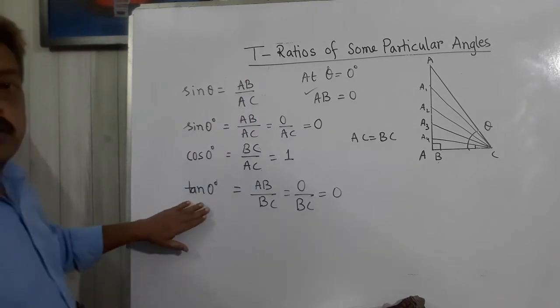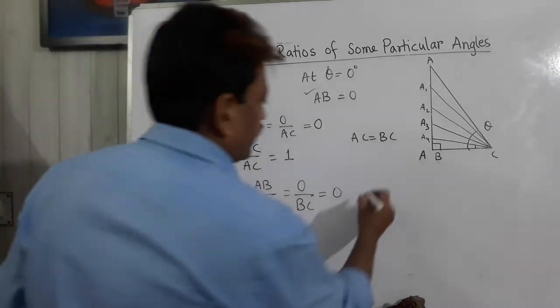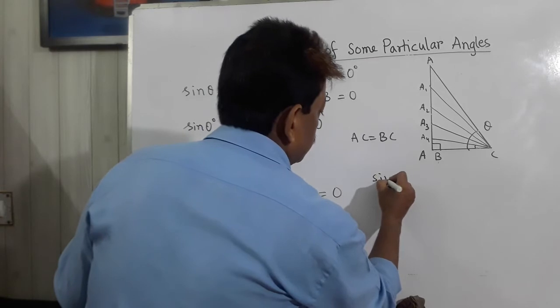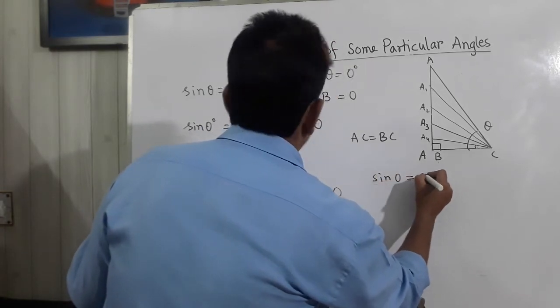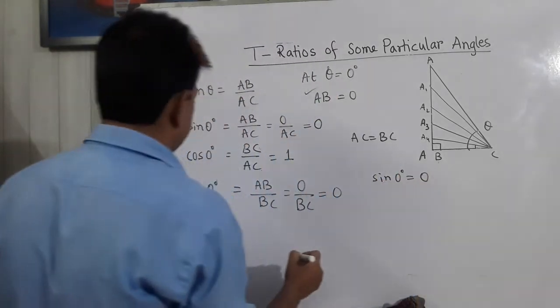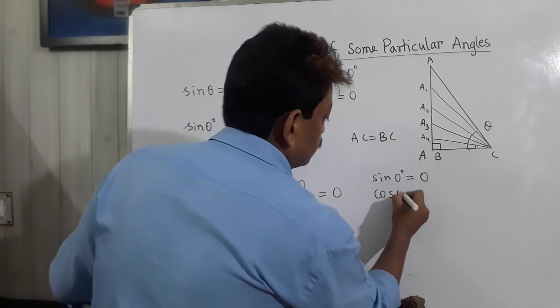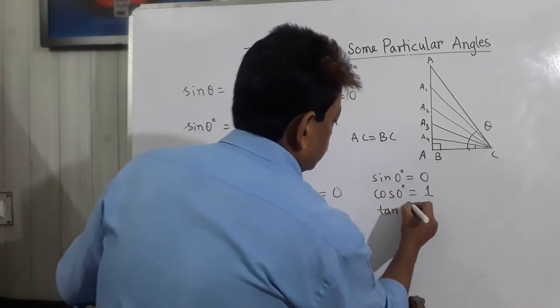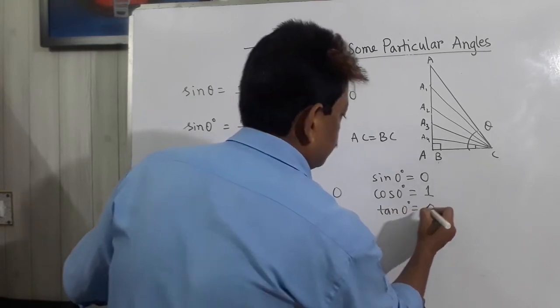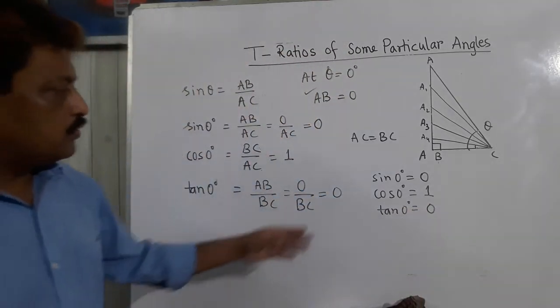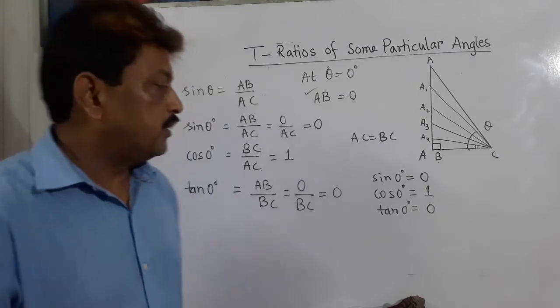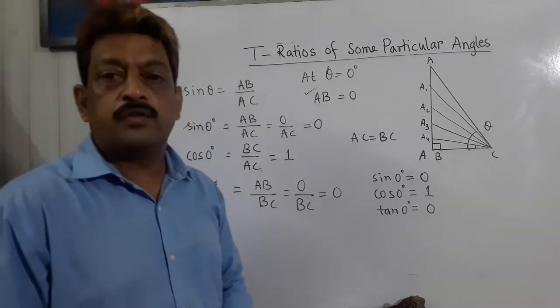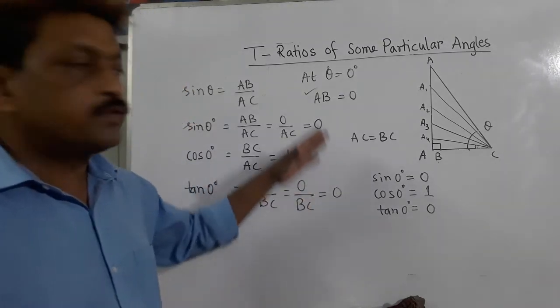Therefore we have got the value of tan 0 as 0. So sin 0 degree equals 0, cos 0 degree equals 1, and tan 0 degree equals 0. Understood? So we can calculate the value of sin 0, cos 0 and tan 0 in this way.